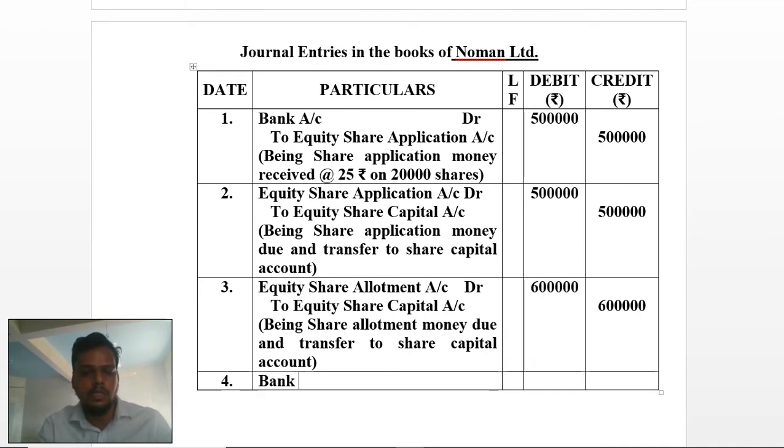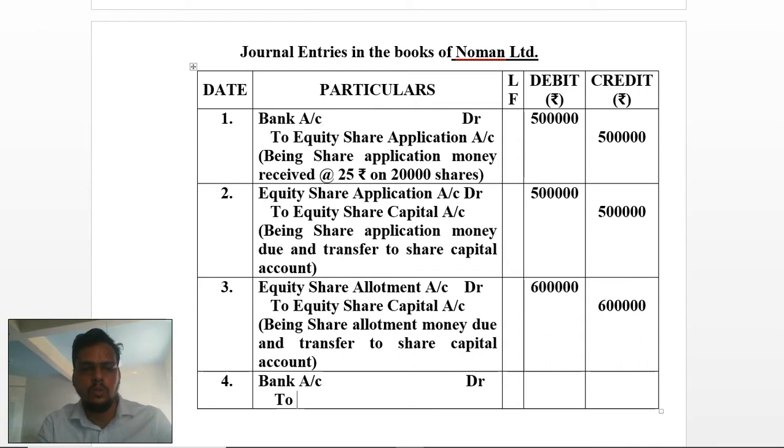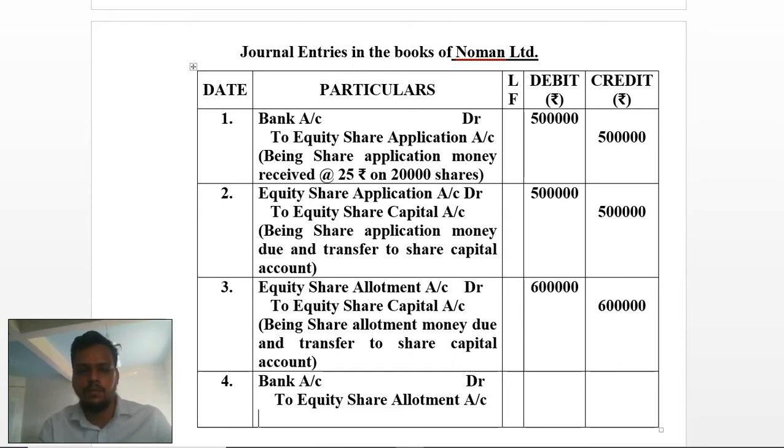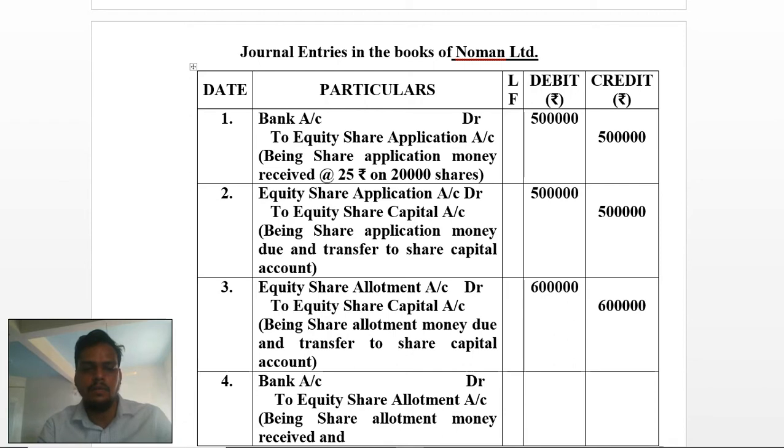Bank account debit to equity share allotment account, being share allotment money received, money received except 200 shares, bracket close.